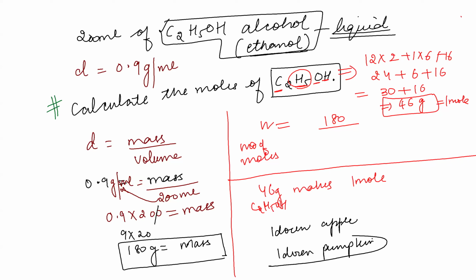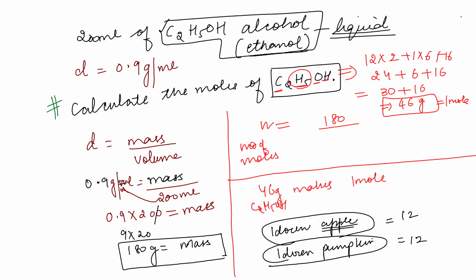Do you realize that 1 dozen pumpkin and 1 dozen apple both are 12 in number? But whose mass would be more? Tell me.